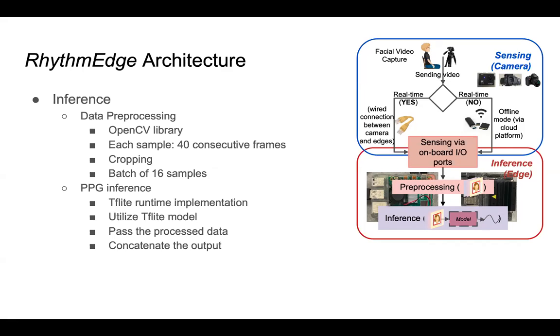In practice, a batch of 16 samples, or equivalent video of 22 seconds at 30 fps altogether, is used for the model to infer. The edge device also uses the installed version of TF-Lite runtime implementation to infer the PPG form from the processed video. Here, it uses the compressed TF-Lite model to extract PPG. Finally, it returns the concatenated PPG output for the 22 seconds of corresponding video.